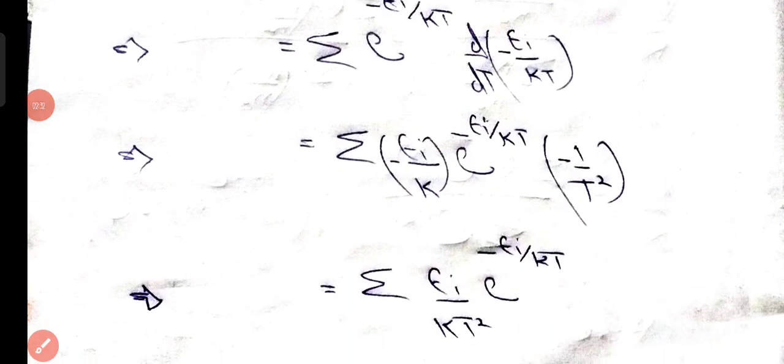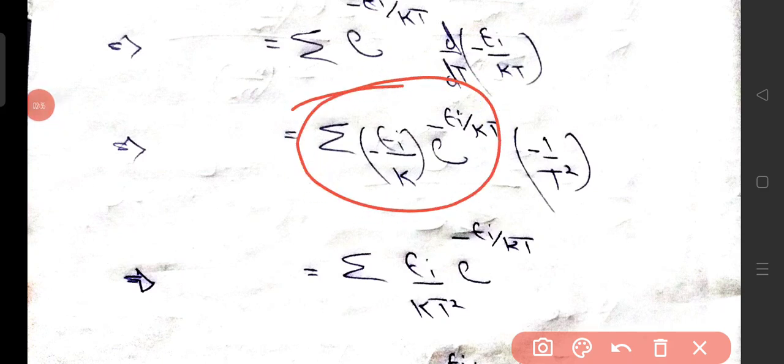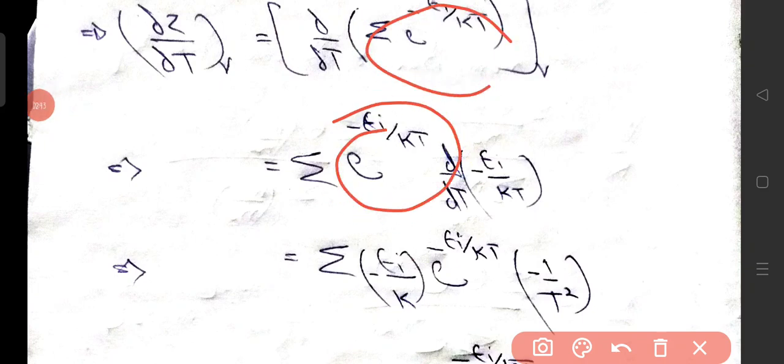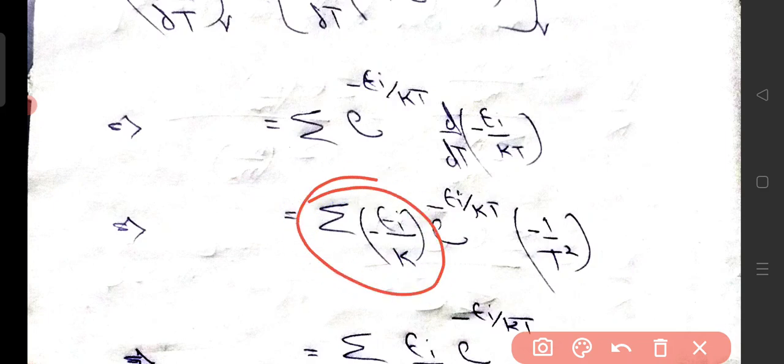Here the function stays as it is, the function e power Ei divided by kT, and then we take the derivative of this whole power according to the rule. When you take the derivative of Ei divided by kT, Ei divided by k is a constant value, so it stays at the left hand side.